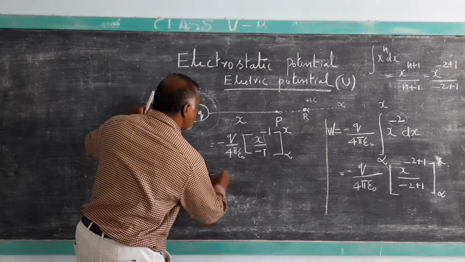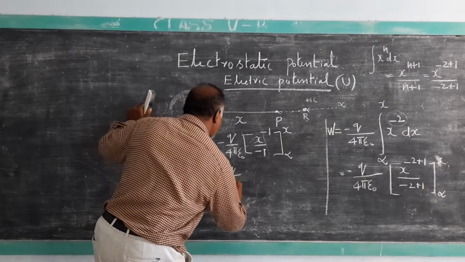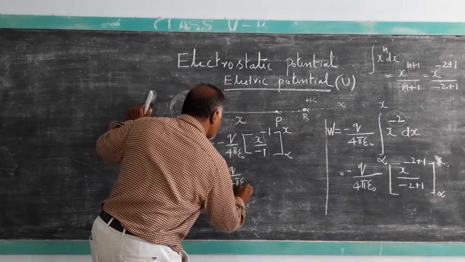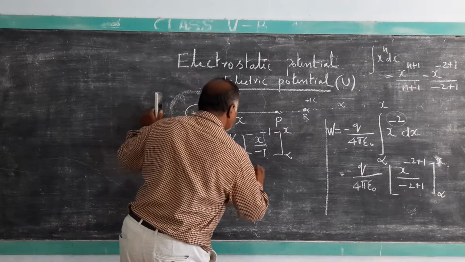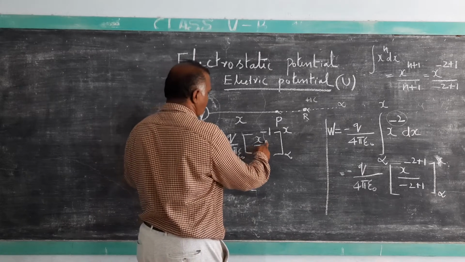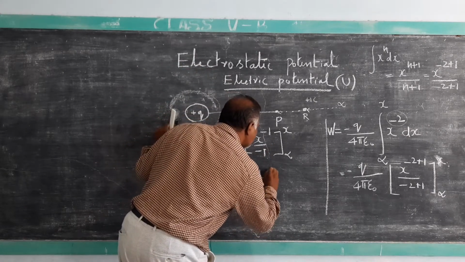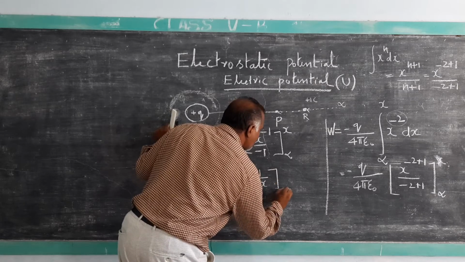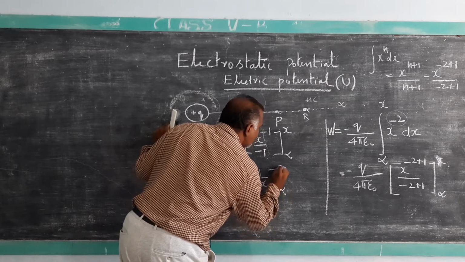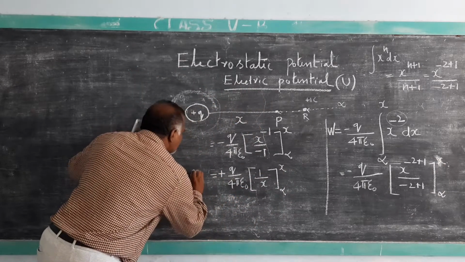That is equal to, this minus and this minus is plus, q divided by 4 pi epsilon naught. x to the power minus 1 is nothing but 1 by x. So we put 1 by x, and lower limit is infinity, upper limit is x. So now we apply the limit. So it's nothing but w.